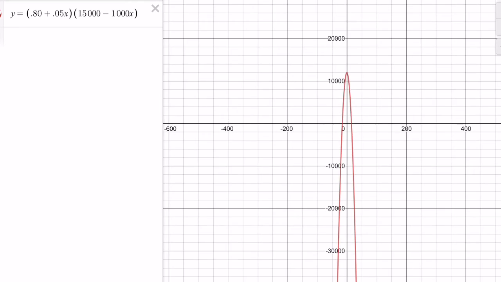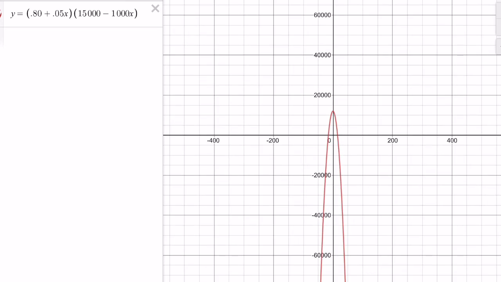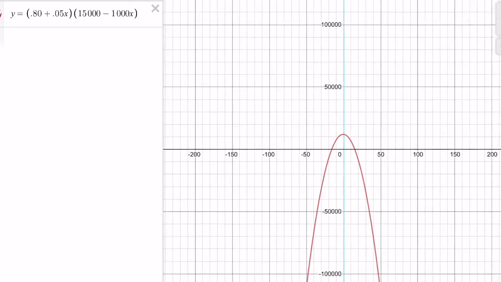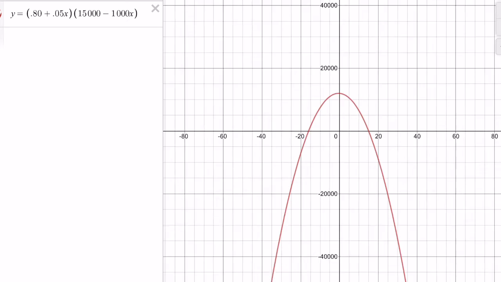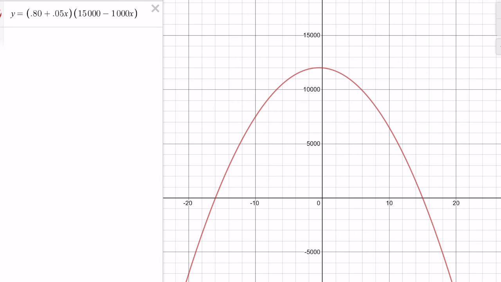So this is already a pretty big window. So I'm going to try and get in closer and make this bigger, but there's my parabola, which the scale's huge. But I'm just going to tap where I think the vertex is, and it's negative 0.5, 12,000, 1250.